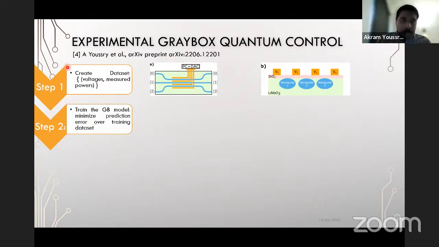Okay, so once we collect the measurements, we train the Graybox. And the training is the following. Remember the Graybox has two parts, a neural network and some physics layers. So when I'm trying to minimize the error, when I'm trying to make the Graybox predict my experiment, what I do essentially is optimizing the neural network, because in the white box layers there is nothing to train, like calculating the evolution, the unitary given the Hamiltonian.